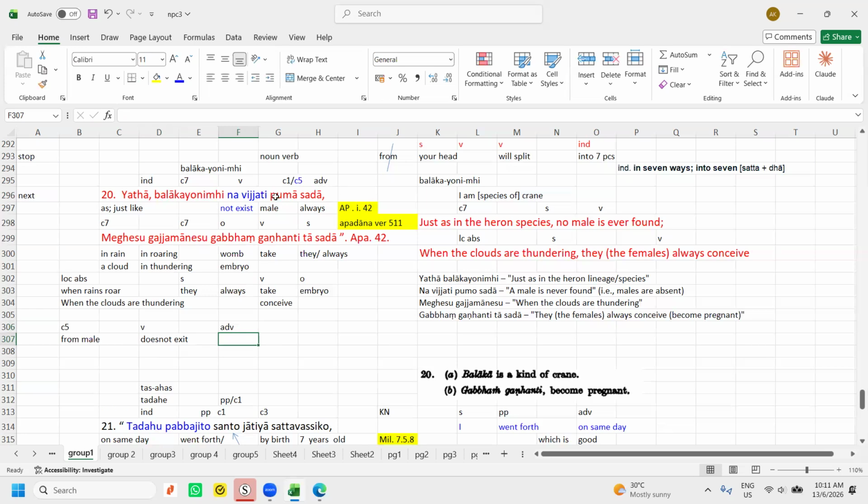So this one must fit into here and does not always exist, because this is the adverb. It does not always exist. You can put the adverb somewhere here, something like that. Also like that, these two.